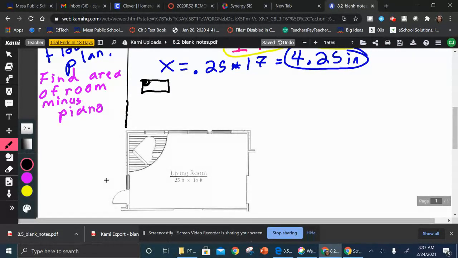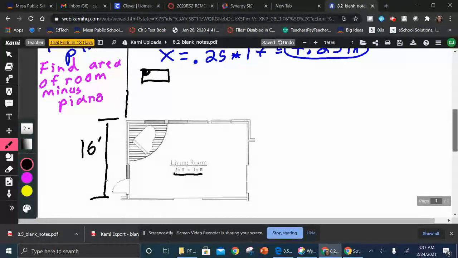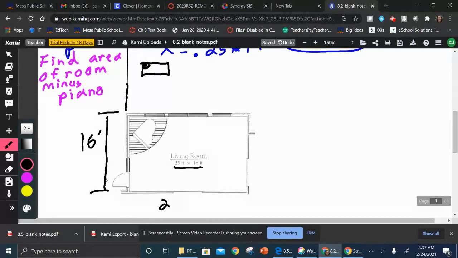If we're looking at this diagram, it says right here that it's 25 by 16 feet. So 16 is the width, and 25 is the length. So this length right here is 25.